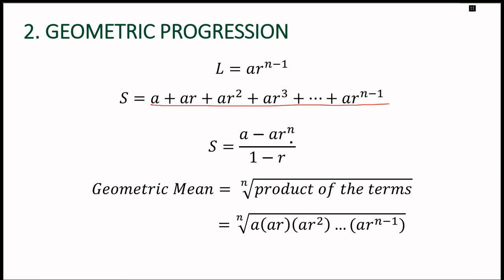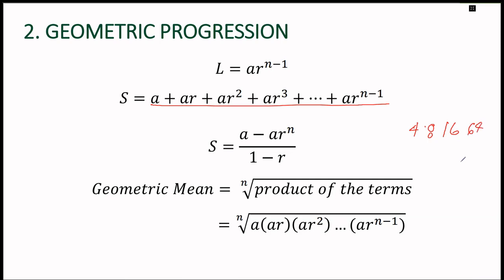When a question asks for a geometric mean, it just means that we multiply all the terms and then get the nth root of that product. For example, 4, 8, 16, then 64.